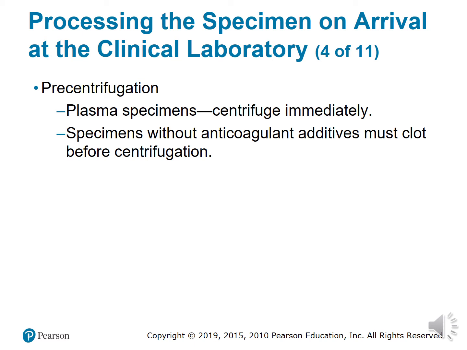Specimens without anticoagulant additives must clot before centrifugation. What that means is that if you draw blood in a red top tube, which we know has no additives, you must allow it to sit and clot before you place it in the centrifuge.